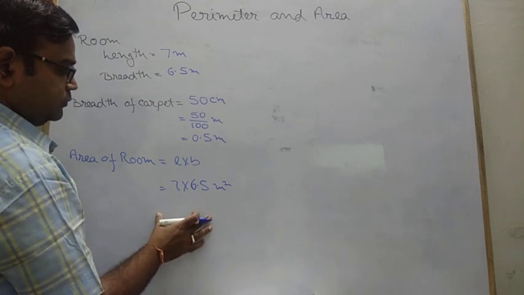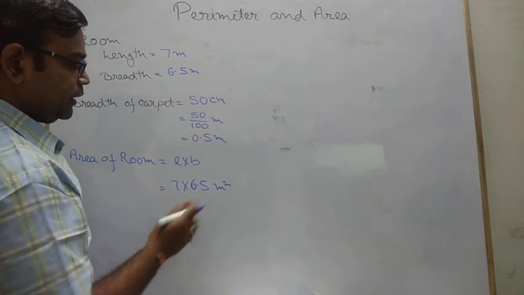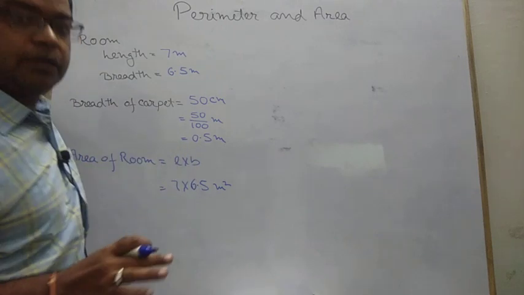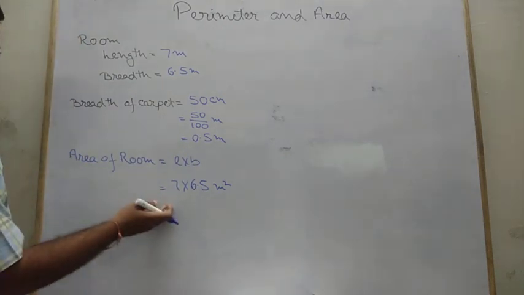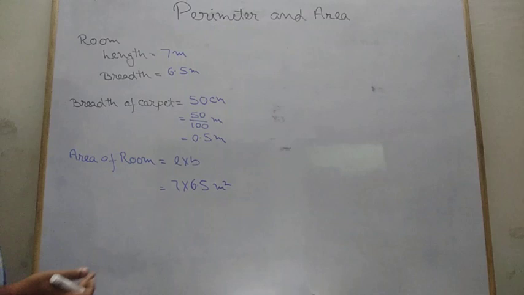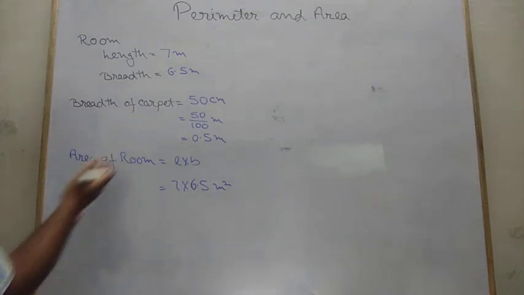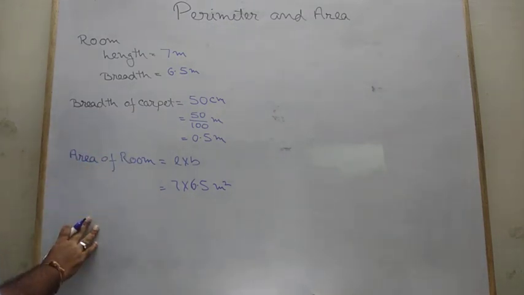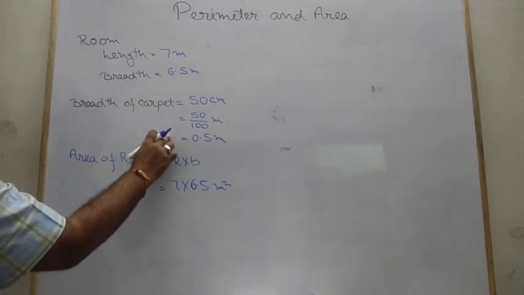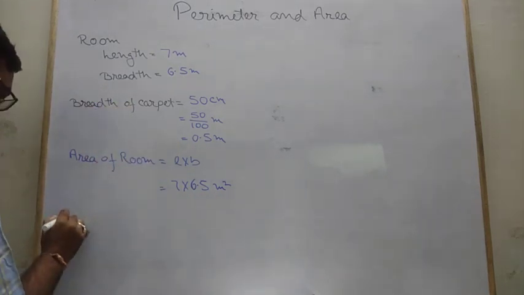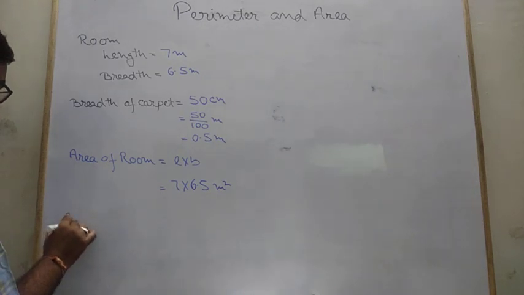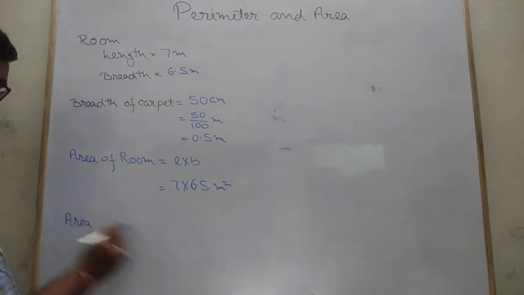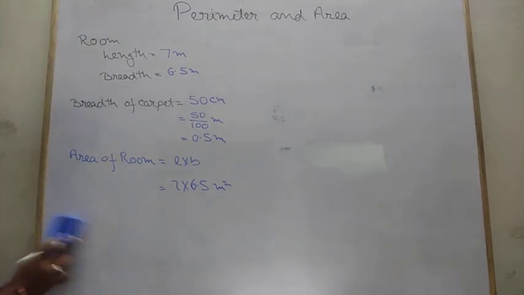Need not to solve, because we have to equate it and again divide it, so we solve afterwards. Breadth of carpet, area of room. Then after that, what is the length of carpet required? So area of carpet, here you have to make some supposition.